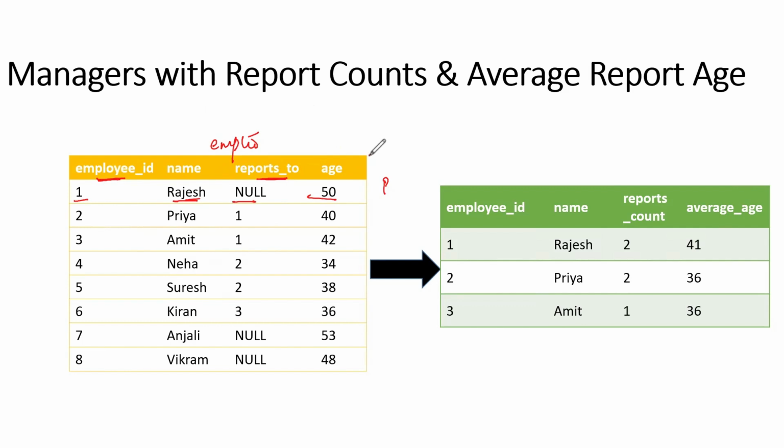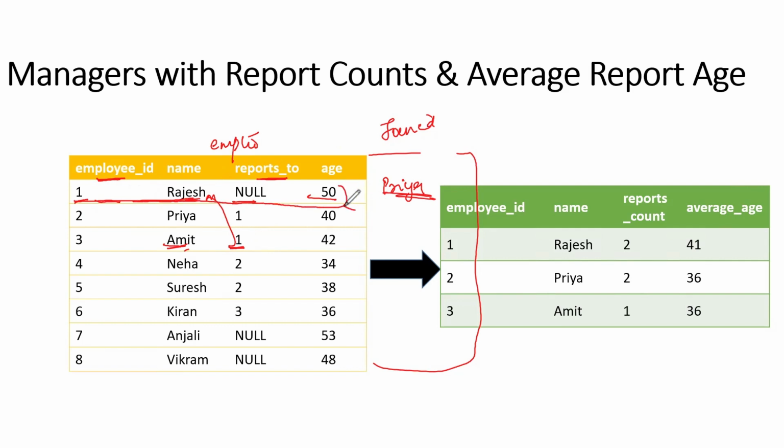So there will be a join table over here, and here I have the information of the employees who are reporting to Rajesh. So Priya. Again, Amit reports to Rajesh. So here I'll again have this row, and then I'll have the information of Amit. So we are going to have the output like this.